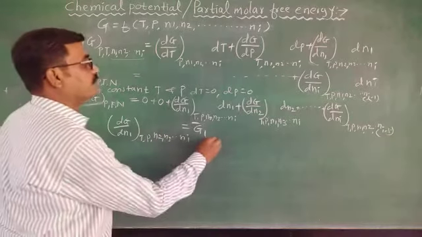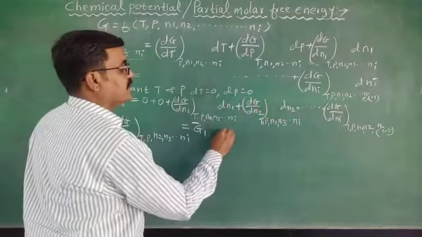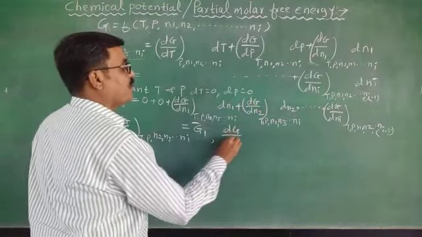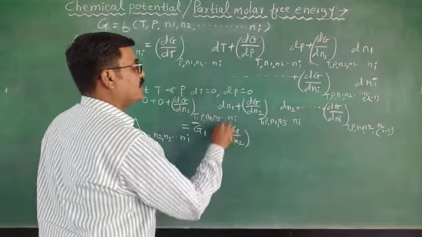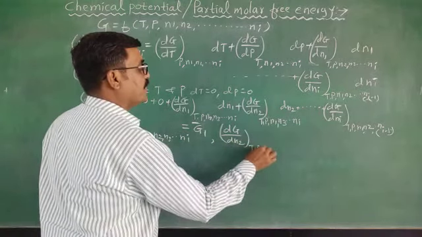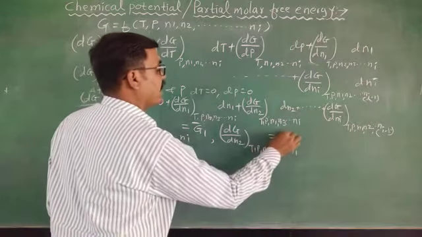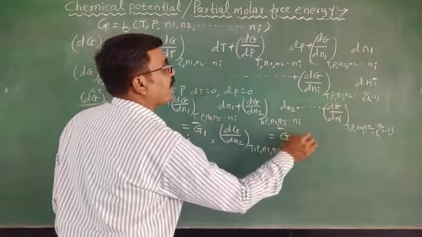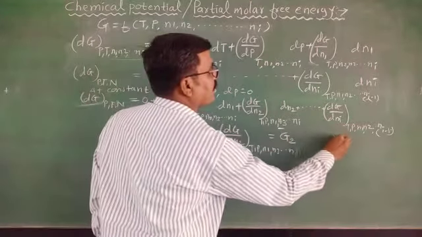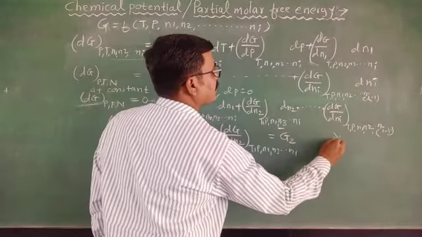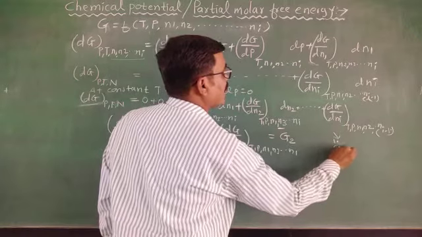The second term, dG upon dn2 at constant temperature, pressure, n1, n3, up to ni, is referred to as G2 bar. And the last term is referred to as Gi bar.